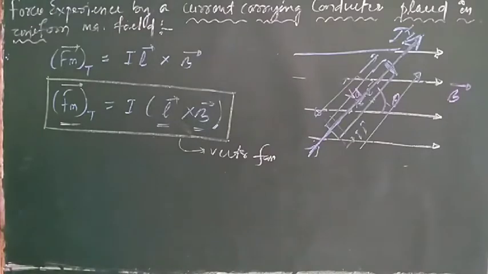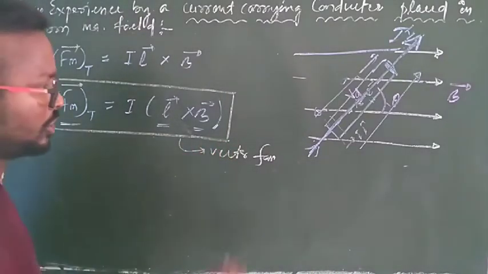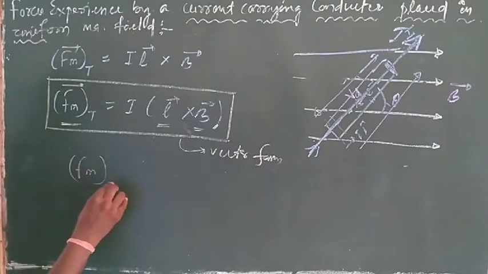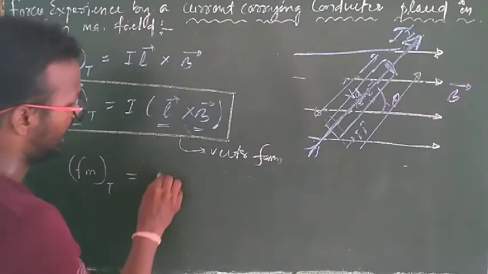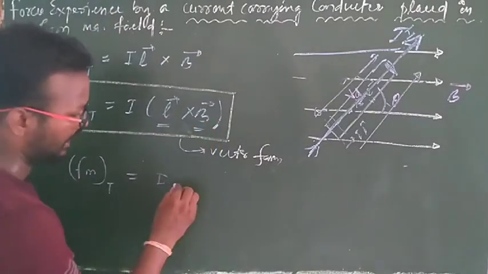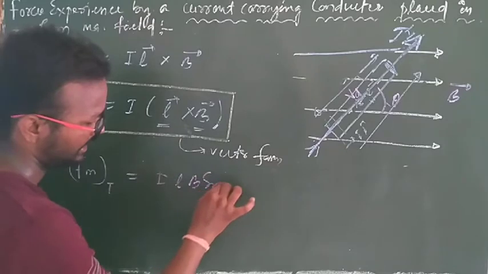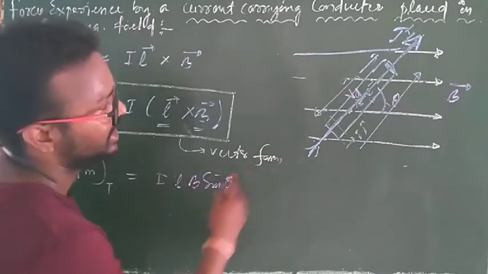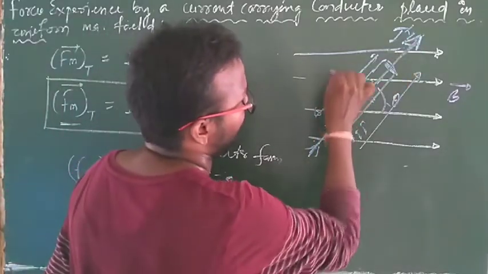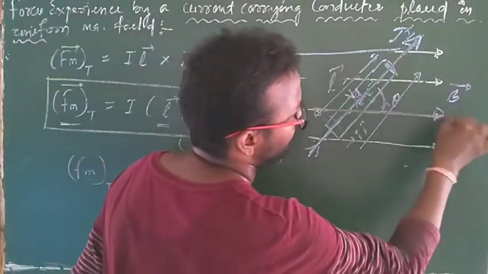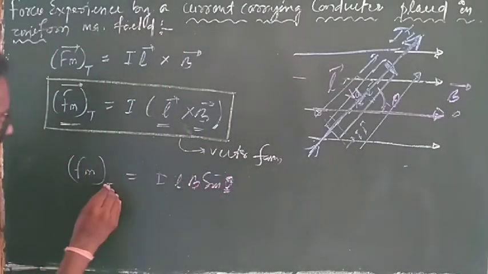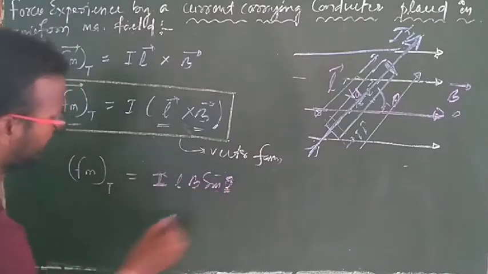If we place this current carrying conductor inside a uniform magnetic field B, this is the vector form. So we can write the scalar form: Fm total is equal to I times the magnitude of L cross B, that is L B sin theta. What is theta? Theta is the angle between the current element or length element L and magnetic field B. So this is the scalar form, ILB sin theta.